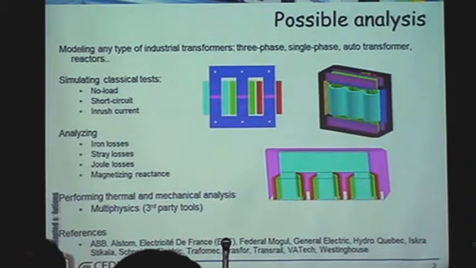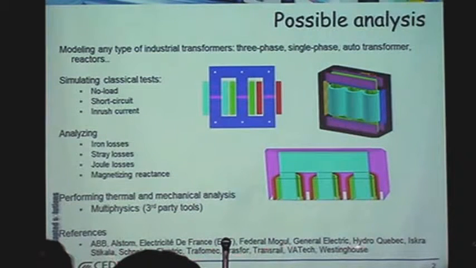And if you remember, Vincent showed you this morning that for the next version, version 12, we will have these connections, so we'll be able to extend to all of those things. For the vibration, you can already start using LMS Virtual Lab, as that is not limited to rotating motion type of tools. Here we have some references, and in fact we also have a reference in Taiwan, and we have one of the representatives of the company right here, Philippe Transformers.